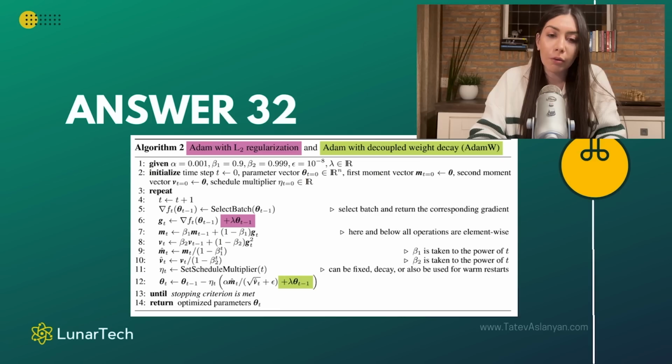Most of the time, when we are performing regularization with Adam, let's say we are using L2 regularization to penalize large weights and address the overfitting problem, Adam has been shown in the industry, when training different deep neural networks, to not generalize very well and to not solve this problem of overfitting. So that's exactly what AdamW tries to do.